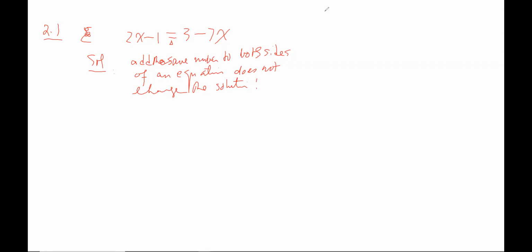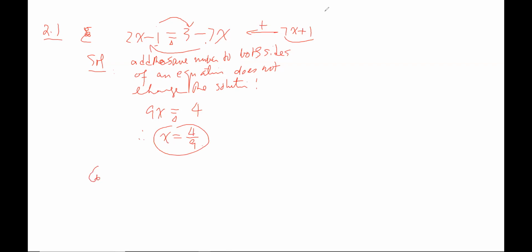Do you agree? If you add 7x and add 1 to both sides, you get 9x on this side, then you get 4 on the other side, yes? So basically move the 1 to this side, you move the negative 7x to the other side. Are you with me? So now you know how to solve this, right? Which is x equal to 4/9, yes? That's how you solve it.